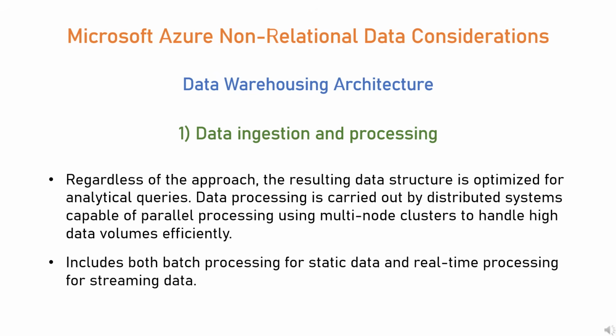Regardless of the approach, the resulting data structure is optimized for analytical queries. Data processing is carried out by distributed systems capable of parallel processing using multi-node clusters to handle high data volumes effectively. Includes batch processing for static data and real-time processing for streaming data.